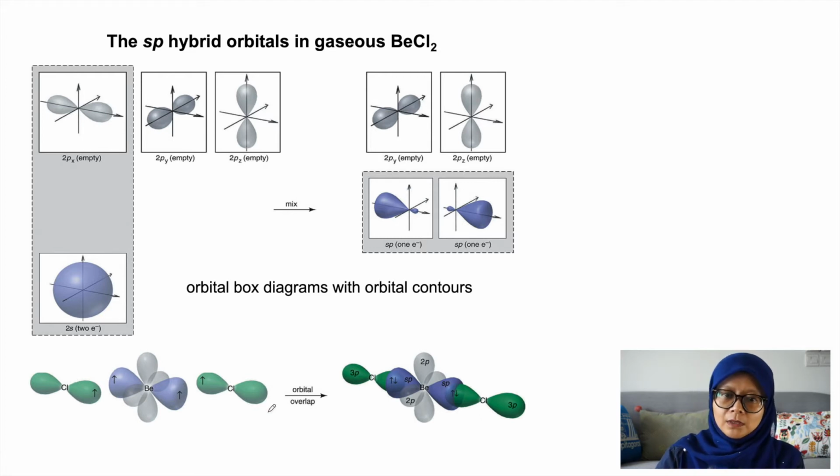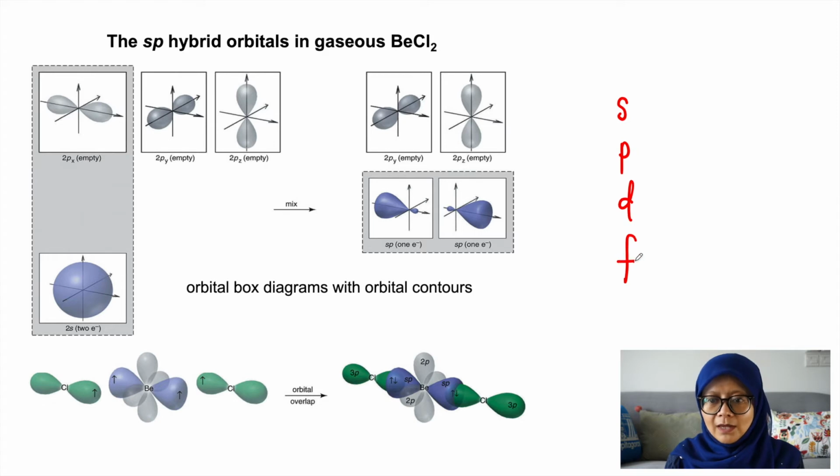Do you still remember the shape of s? We have s, p, d, and f, and so on. The shape of the s is like this. For the p, we have 3 orbitals, while for s we have 1 orbital with 1 shape.